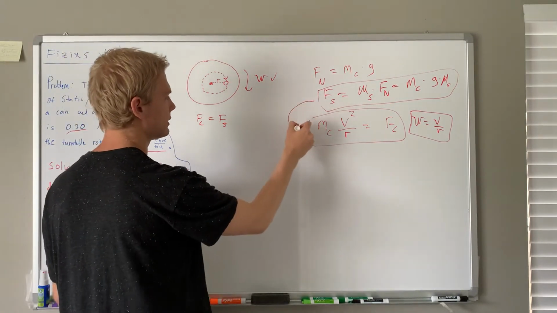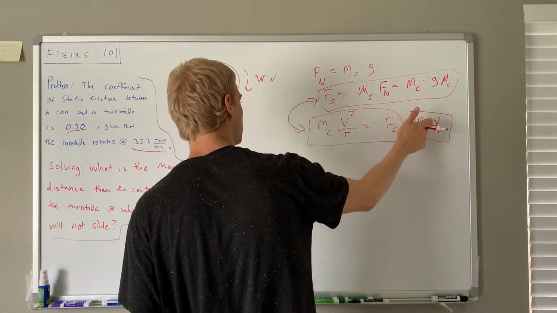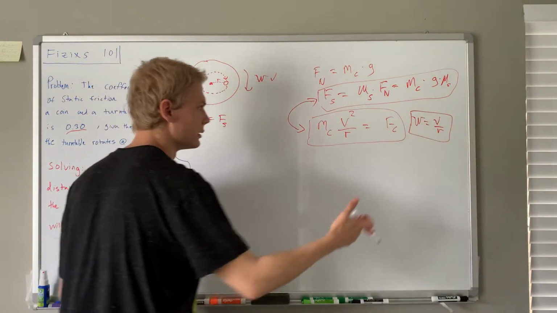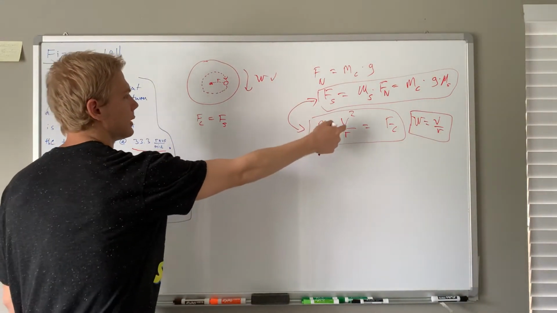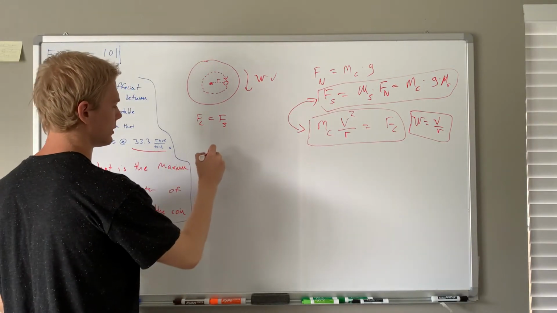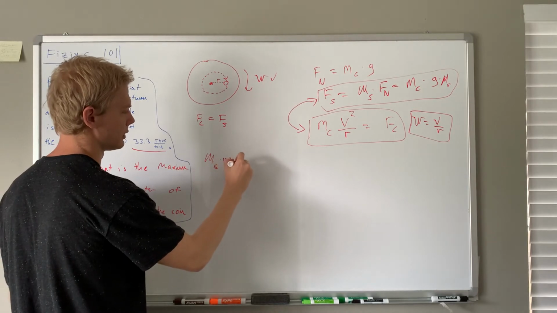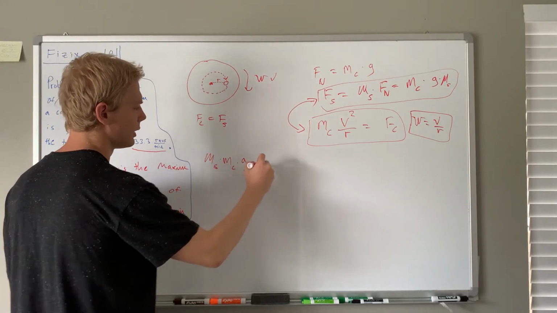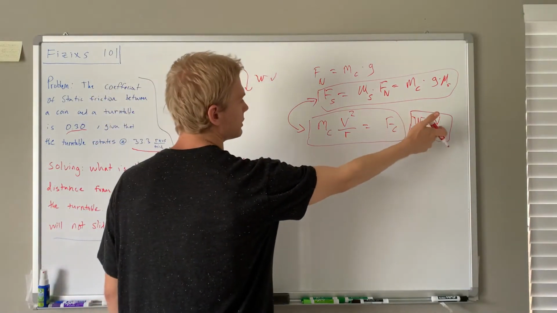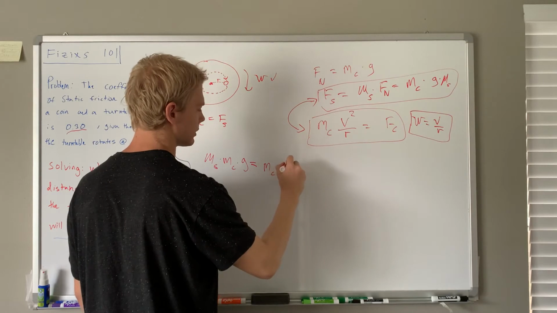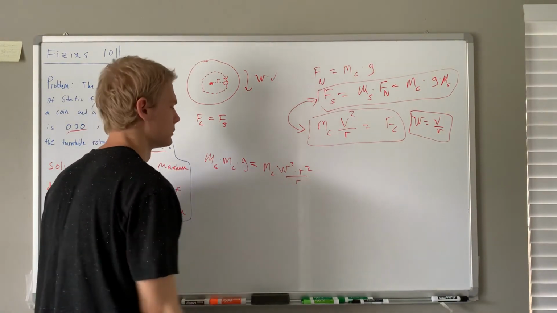I'm going to set these equal and plug in the real interpretation of v. You get the coefficient of static friction times the normal force, which is mass of the coin times gravity, equal to the mass of the coin times v squared, but in this case r times omega, squared, so you get omega squared times r squared all over r.